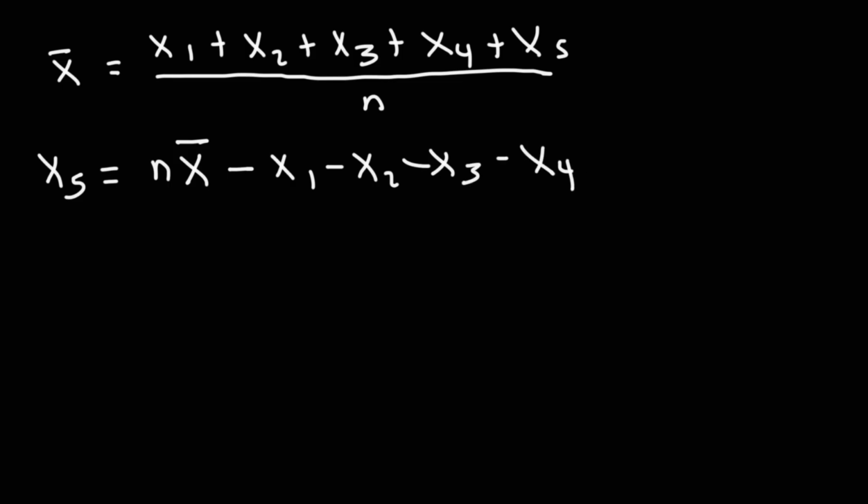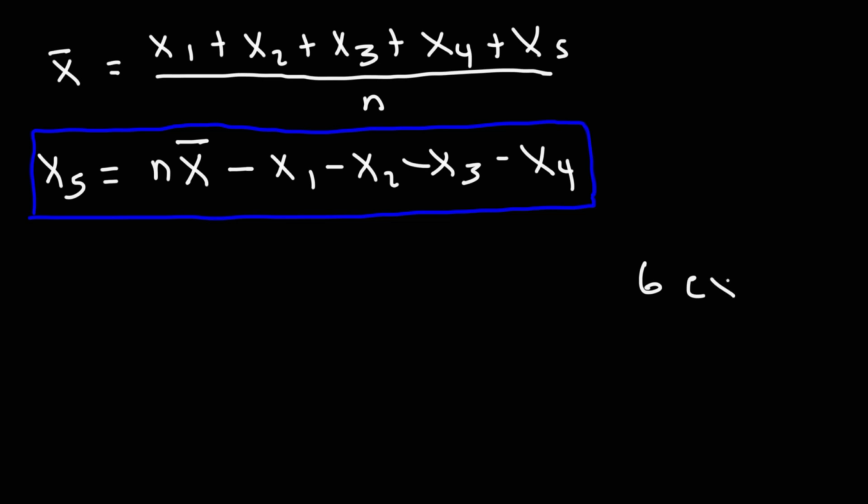So if you've taken 4 exams and you want to find out the score you need on your 5th exam to get, let's say, an average of an 80 or a 90, this is the formula you need to use. So if there are 5 exams in total, n is going to be 5. But now let's say you have the scores of 6 exams and you want to find out what score you need on your 7th exam. Well, you can expand the equation like this.